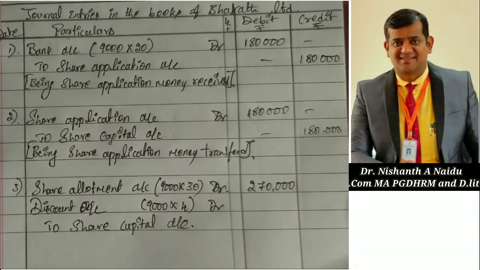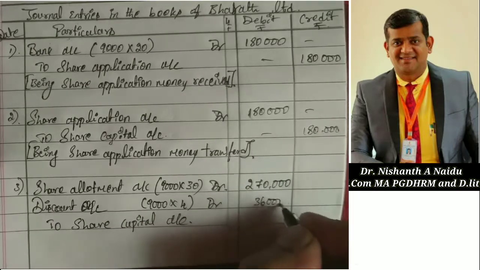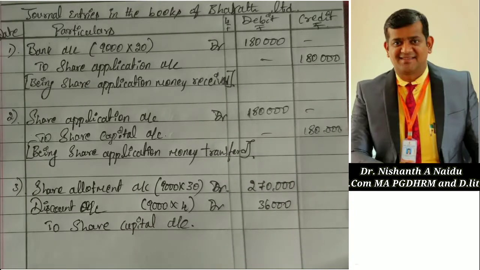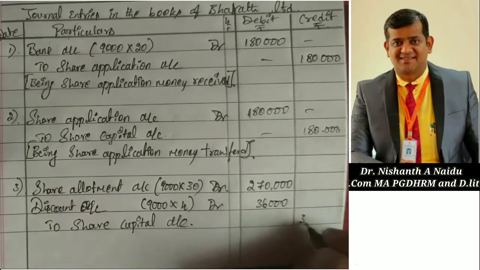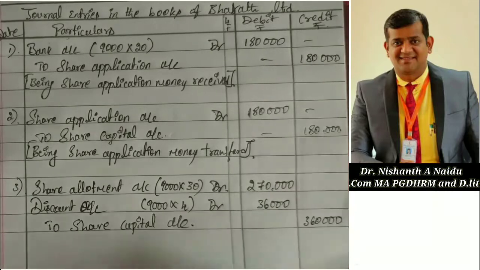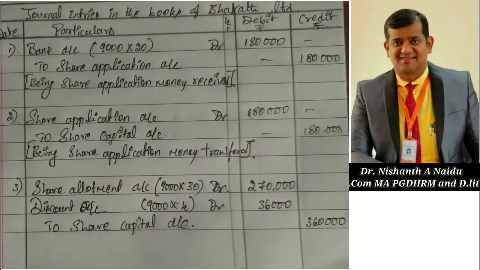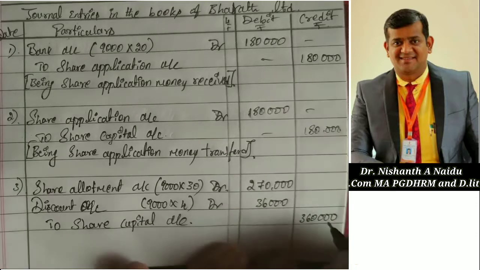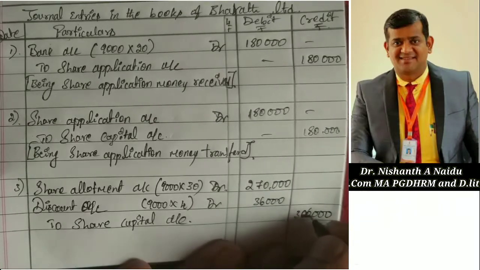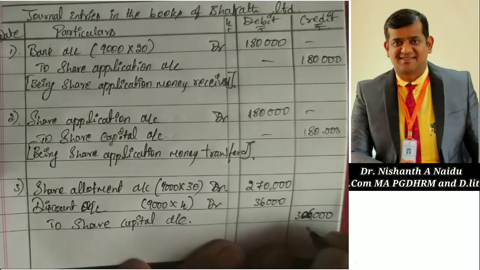Then 9,000 into 4 is 36,000. So the total is 36,000 plus 2,70,000, that is 3,06,000. The discount should always be reflected on the debit side of the journal entry. So you should not forget. It is 3,06,000, not 3,60,000.